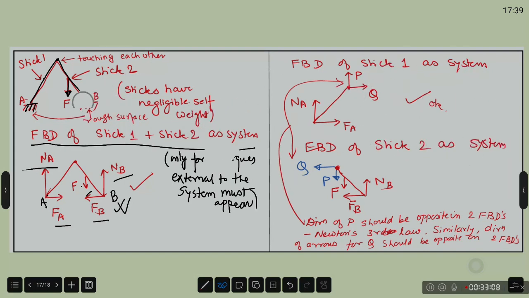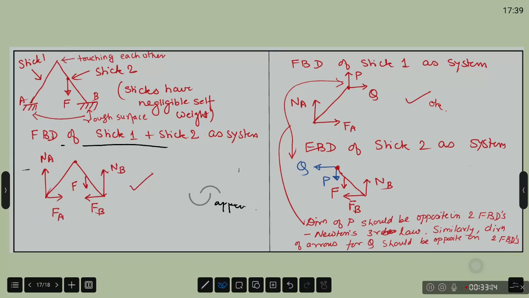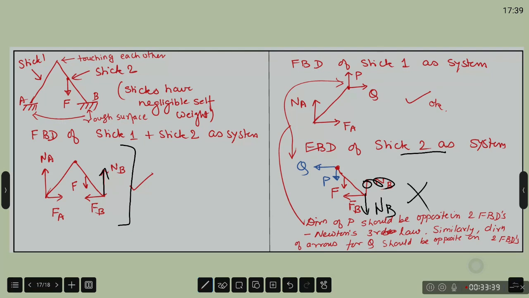If you drew the free body diagram of the whole system like this, where Nb was marked like this, and then you go to the FBD of stick 2 while solving the same problem and you change Nb to downwards, wrong. Your FBDs have become inconsistent. You will never get the right result. So these things should be kept in mind. Okay. One of the common mistakes that we make. Moving on.